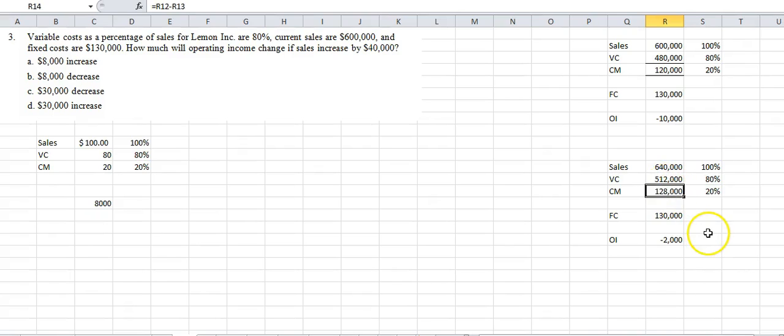My contribution margin is 128. Notice how contribution margin increases by $8,000, and now I've benefited by $8,000 in my operating income. So the answer is A, $8,000 increase in operating income. That's the answer to that one. Let's go to the next problem.